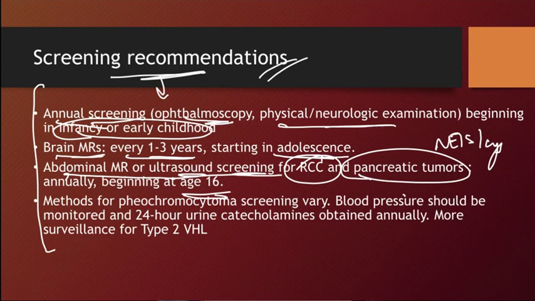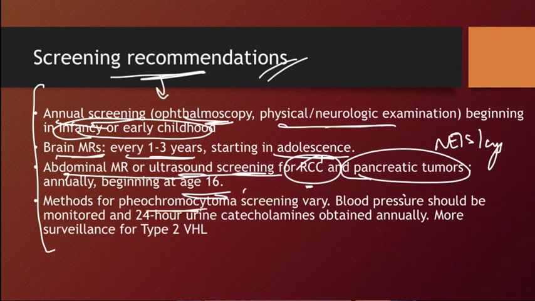Because the cysts are not very pathological, they won't cause a lot of symptoms. It's not very important to screen for them, but the other important lesions like RCC, pancreatic tumors, Pheos will cause a lot of clinical symptoms and can turn malignant. So, they need to be screened.